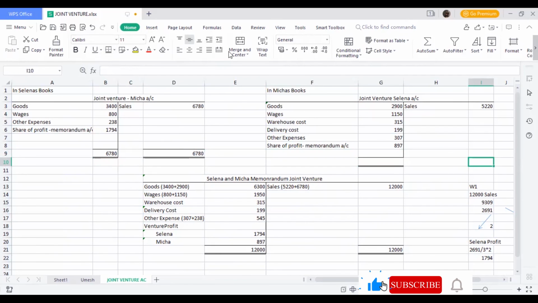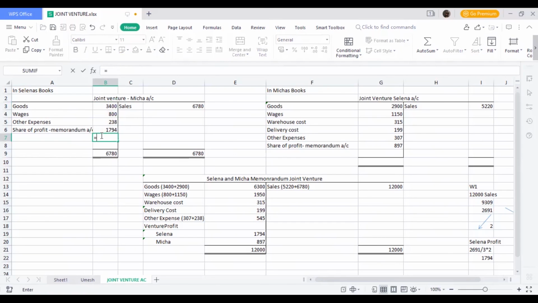But as much profit has been shared by Micha, we know that there's going to be a balance, a cash transfer balance to Selena's. From Selena's account, we see a lot of transactions have happened. So let's see how much cash transfer she's going to make. 6,232 is the value she is getting.